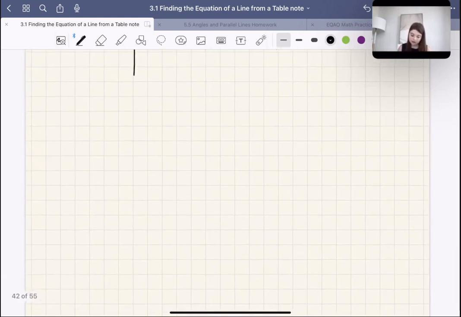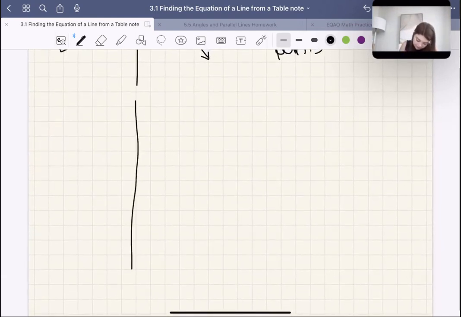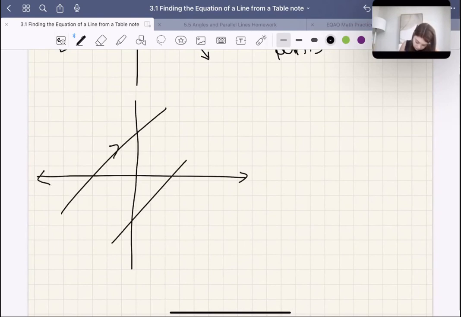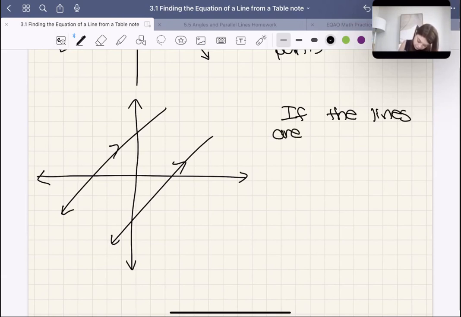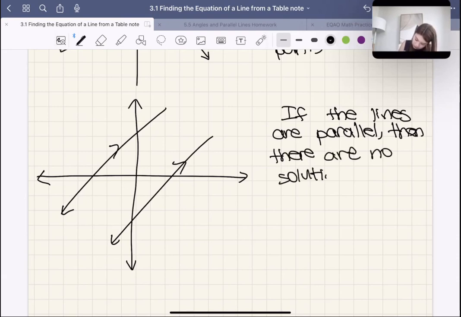Exception one is if the lines are parallel. If the lines are parallel, then there are no solutions. And why not?